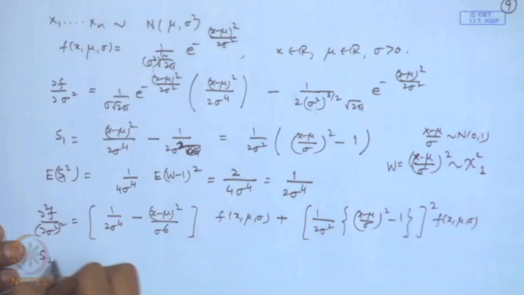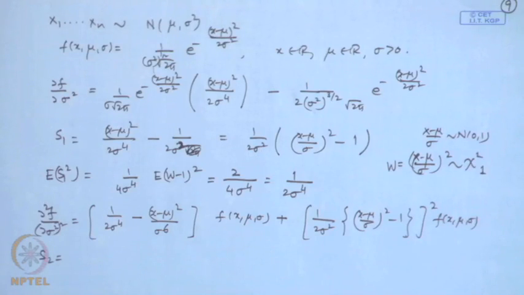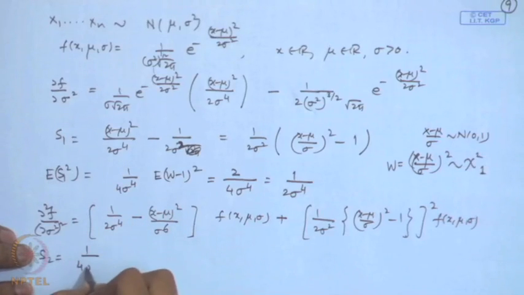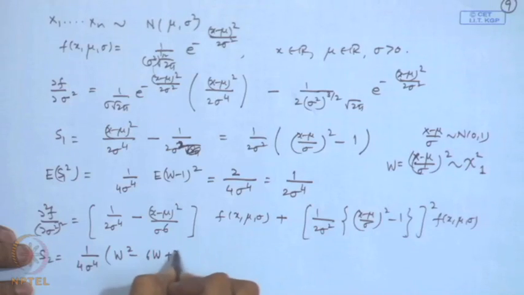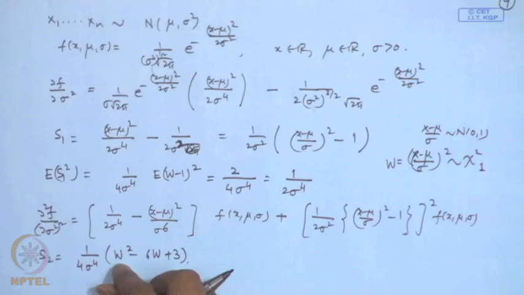So, your S 2 then turns out to be, we can write using this W term as follows: 1 by 4 sigma to the power 4, W square minus 6 W plus 3. Naturally, you can see that expectation of S 2 square will involve expectation of W to the power 4, and these terms you can see here.